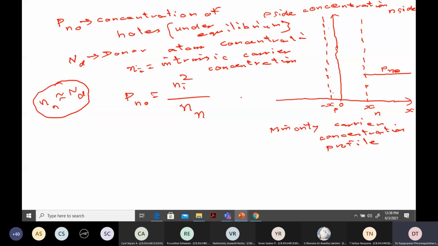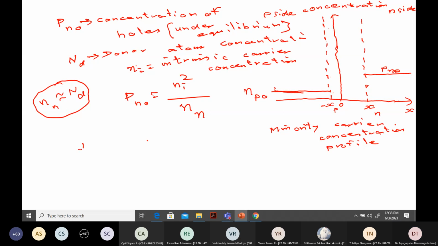Similarly, I have the minority carrier concentration on the P side. We will have n_p0, because n is the electron, which is the minority carrier on the P side, the subscript p stands for the P region, and 0 stands for the equilibrium concentration.